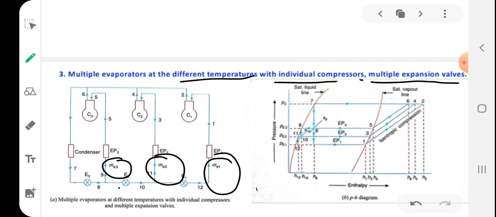So the sum of all these three will be passing through here. Let's just put it as m dot. You have to note that the outlet pressure line is the same for all the compressors, so that they are getting compressed to one single pressure.